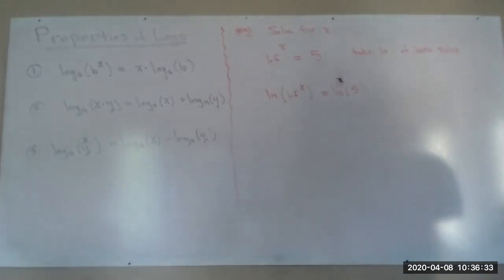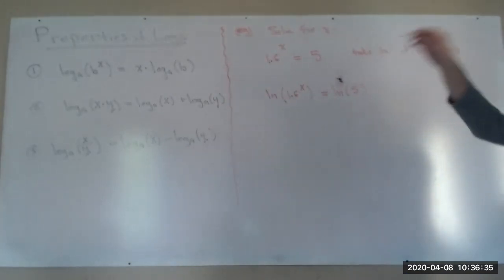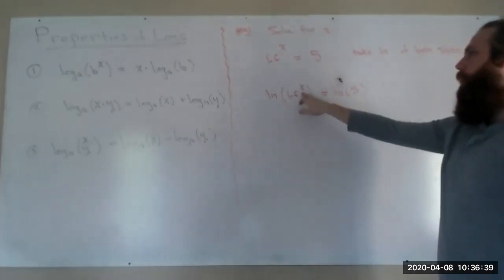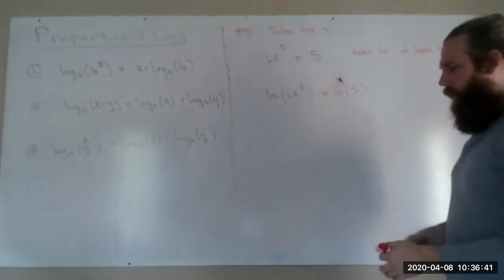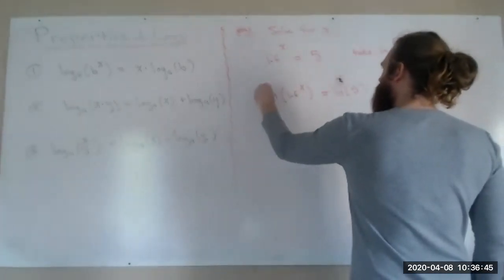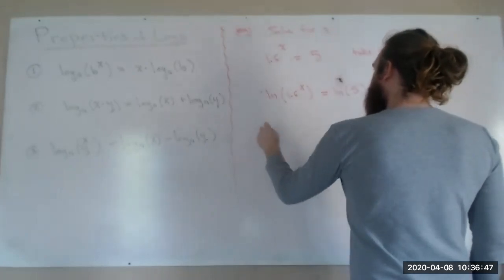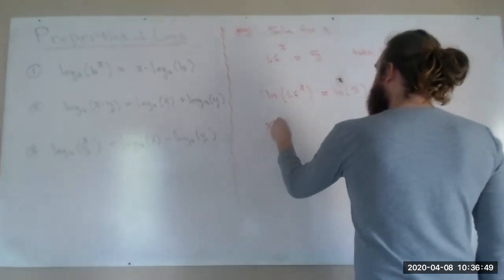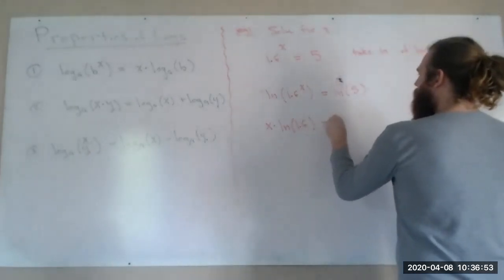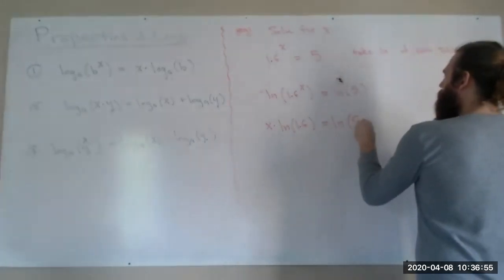And now the magic of logarithms is that by that very first property, I have a log of a number raised to a power. This power can come down. So this becomes x times the ln of 1.6 equals the ln of 5.